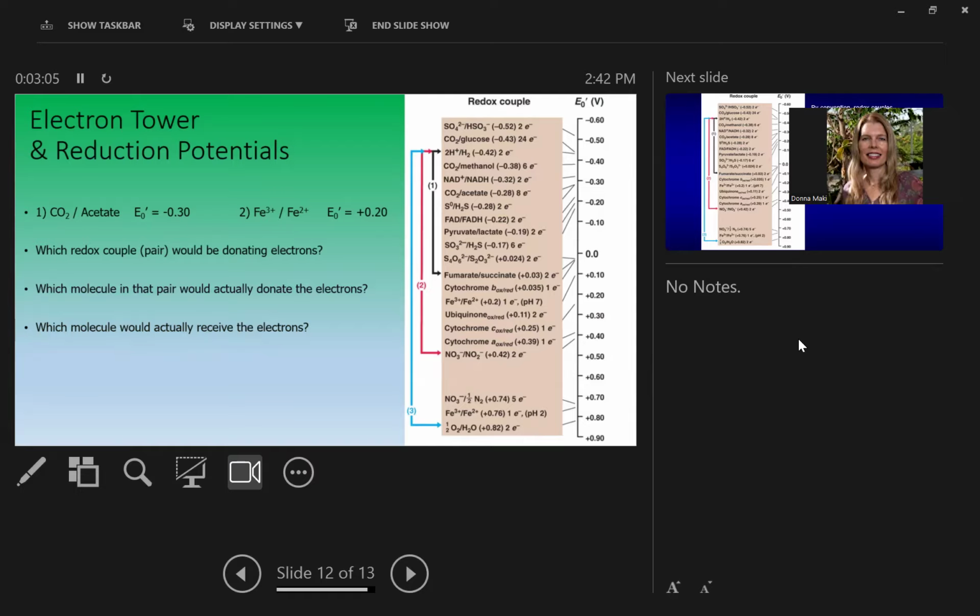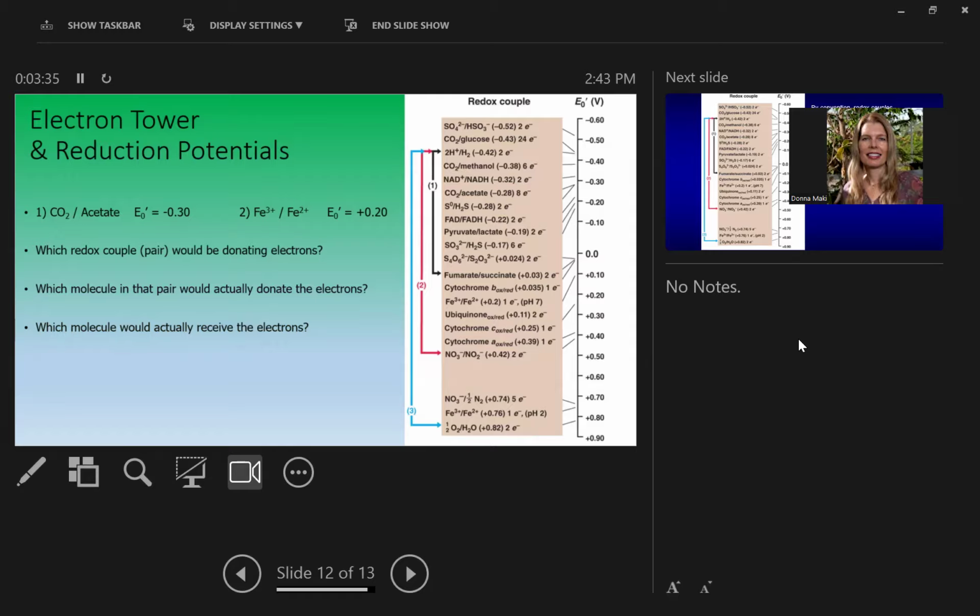What do you think? Acetate. Acetate is the happy partner there, like Tinkerbell: I'm fully reduced, I have the ability to donate off electrons. So acetate would be the one. And then who in this pair would actually accept the electrons? Think about the rules of who's on the left versus the right of the slash.